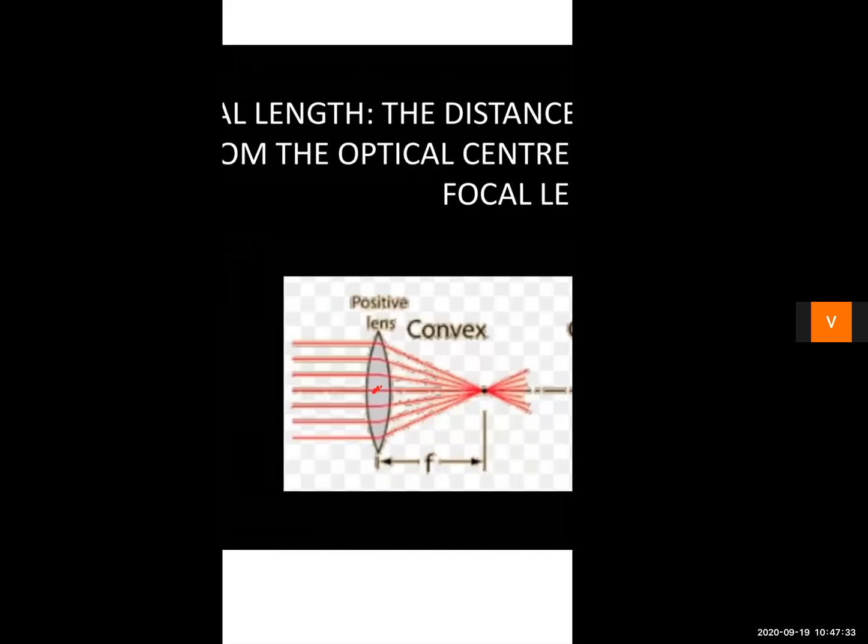So the distance between the optical center and the principal focus F, this is your O and F, is known as your focal length, small f. So focal length is the distance between the optical center and the principal focus.